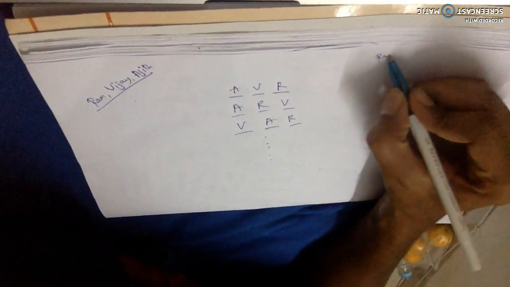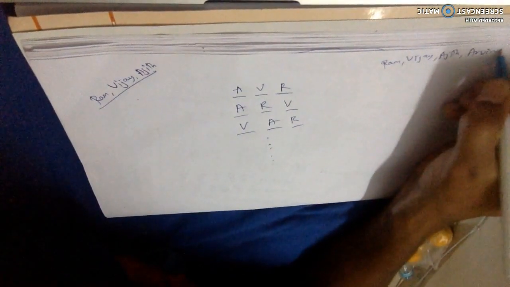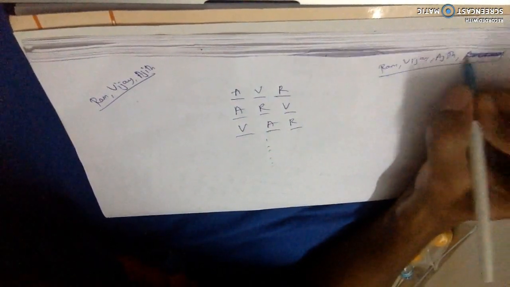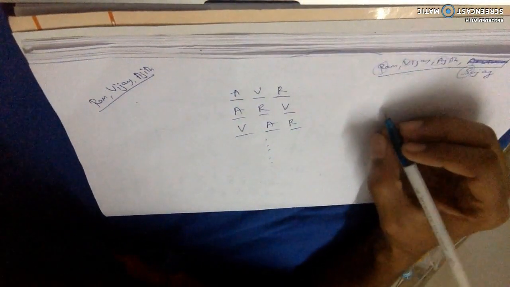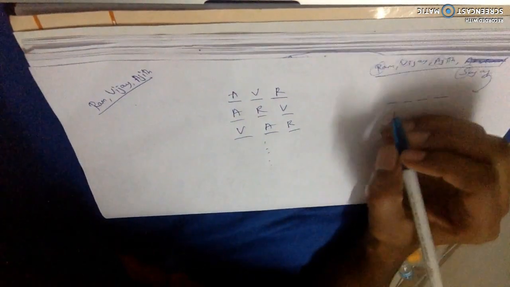And let's say you have another problem where Ram, Vijay, Ajit, and a fourth friend of yours, let's say Sujay, so that we get a different letter. This time they have booked four seats, and you want to know all the different ways in which they can sit.